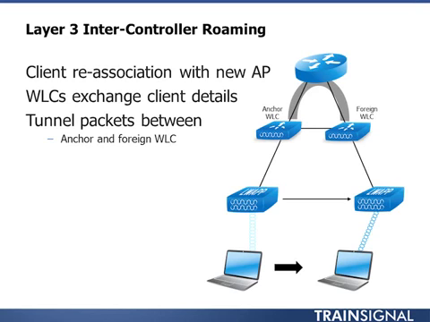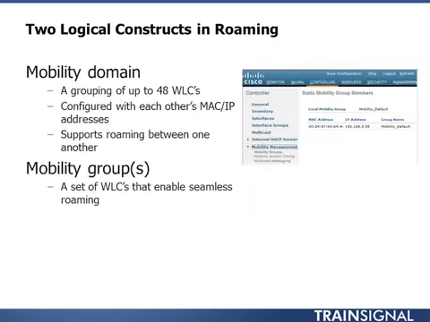The controller will say, oh, this packet is for me. It'll take off that header, look inside the packet and say, oh, this is for the client, and then forward it to the access point, which then forwards it to the client. In this way the client can keep its IP address as it moves between wireless LAN controllers.